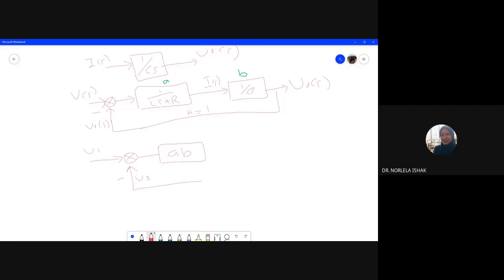So currently we still have the output coming back. Okay, this is our output, and our H equal to 1.